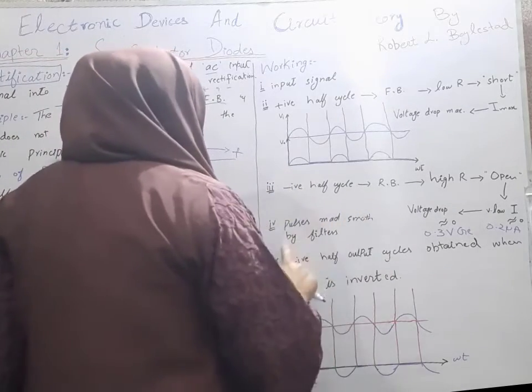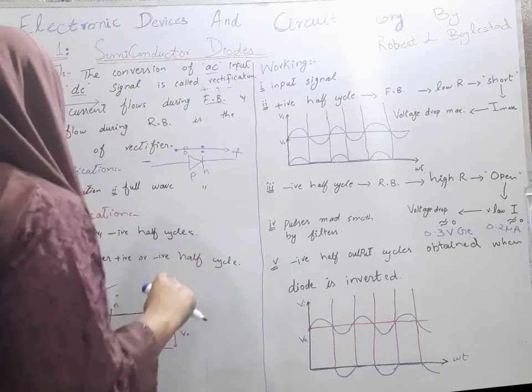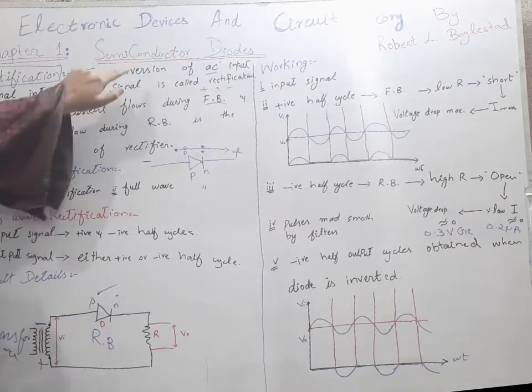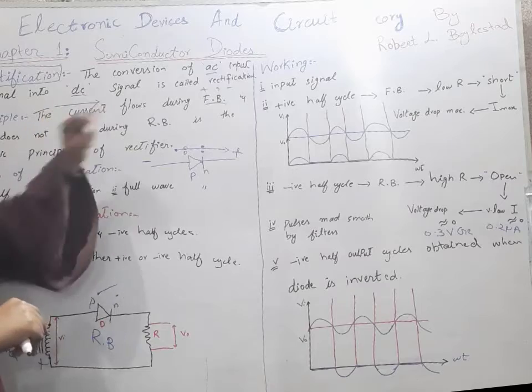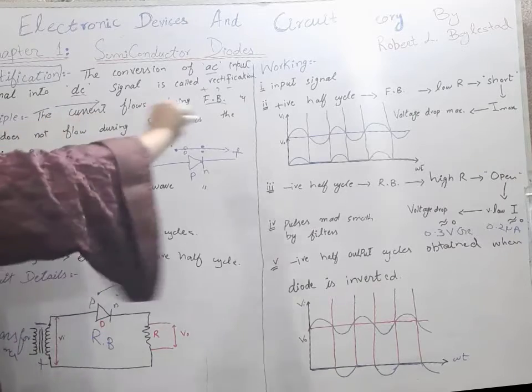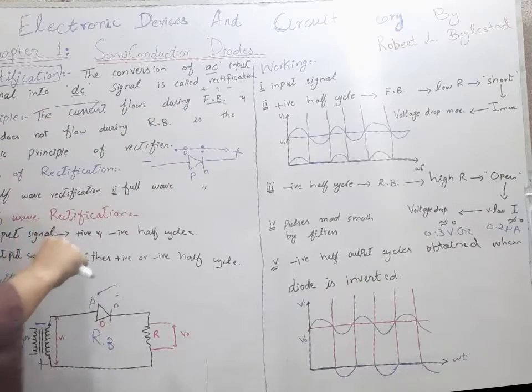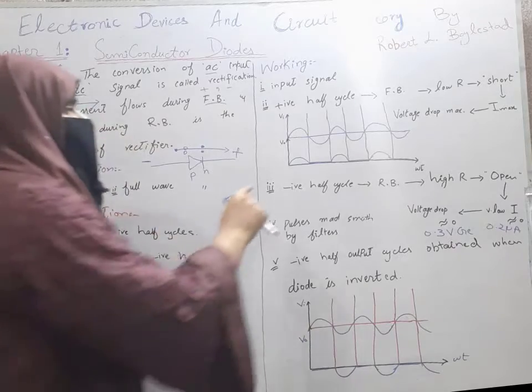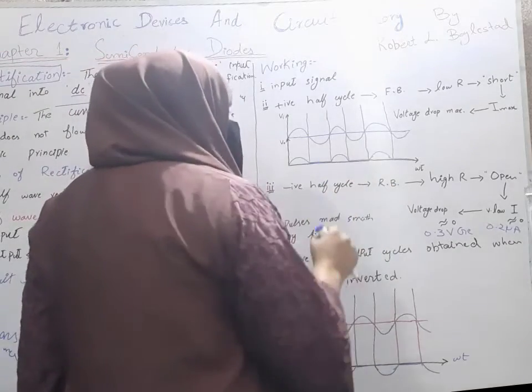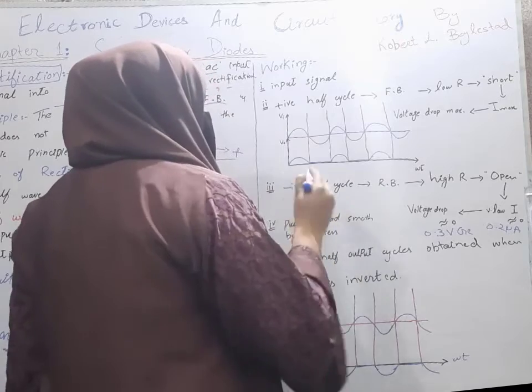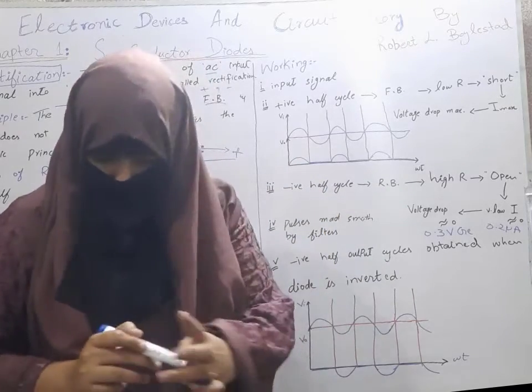Pulses made smooth by filters. I have discussed here the conversion of the AC input signal into the DC signal, and the DC signal is in the form of a straight line, not in the form of pulses. So these pulses are made smooth by using filters. How are these pulses made smooth?